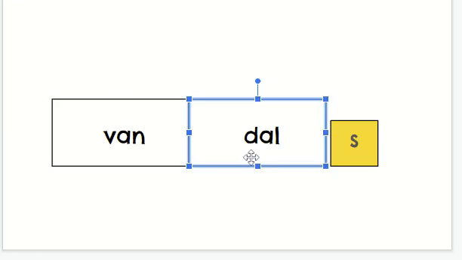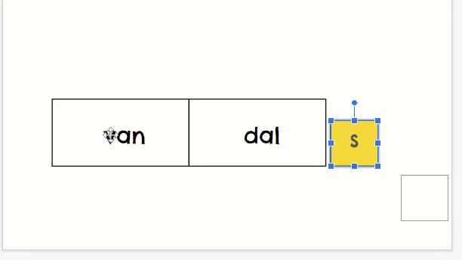Vandal. Now we don't say vandal, we say vandal. So that first syllable takes the accent. Remember that schwa is I or a. Okay, so it sounds like vandal, but we spell it vandal.